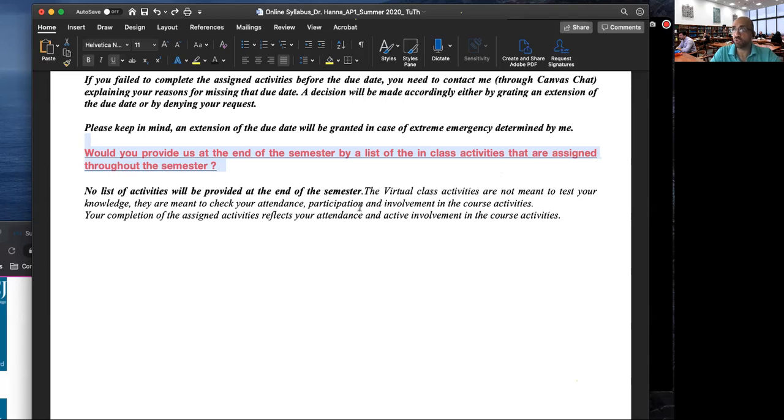This is meant for you to monitor your attendance, participation, and involvement in the course activities. A list of those activities will not be provided to everybody, because this is going to be unfair for the people who were attending throughout the semester.